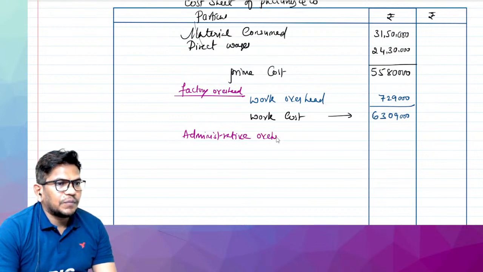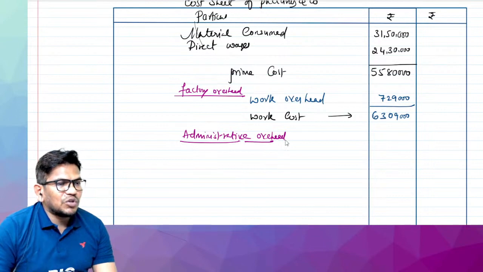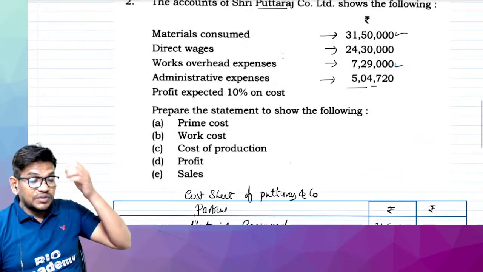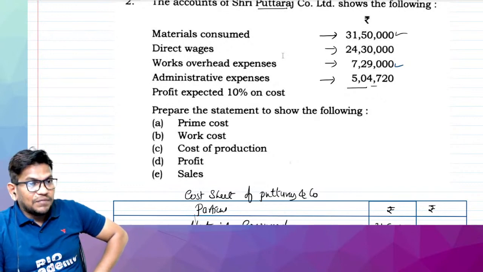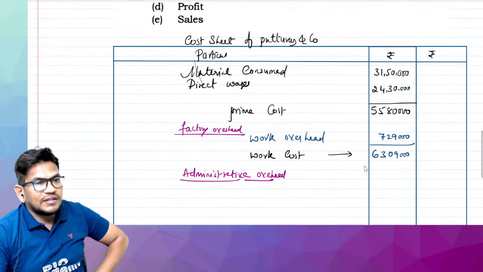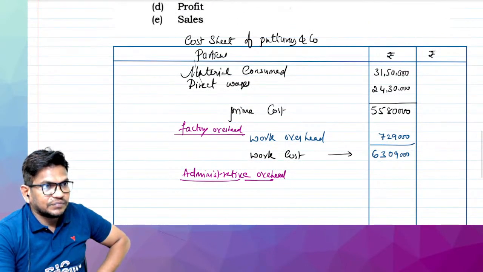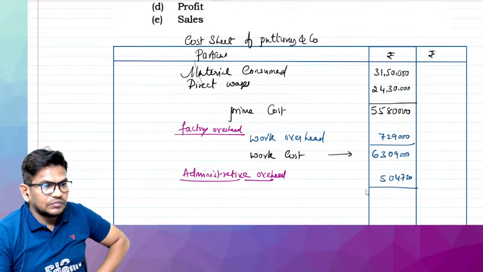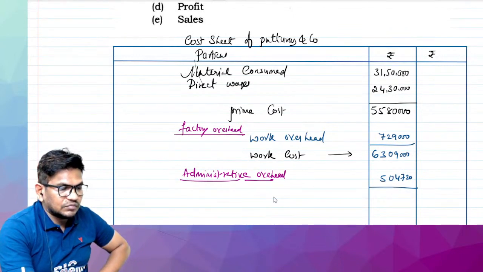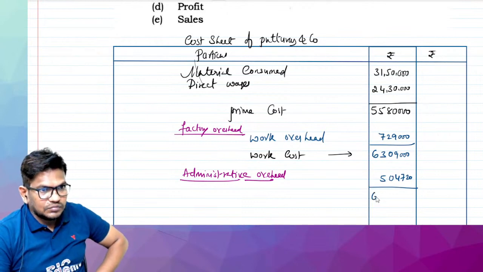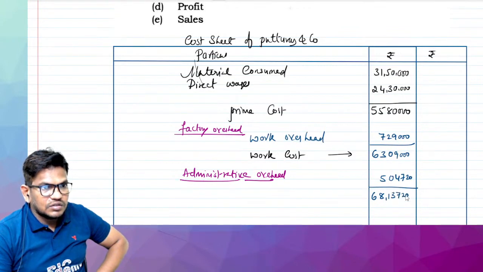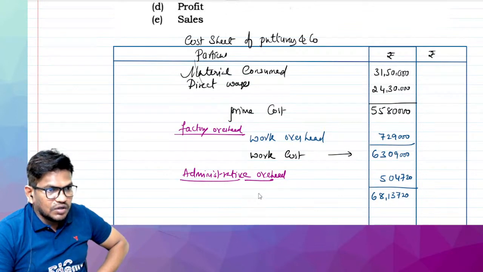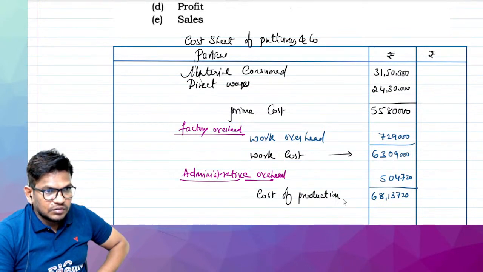I know that for you guys it's very easy now because you have solved many questions on this. 5,04,720. Total 68,13,720. This is your cost of production.